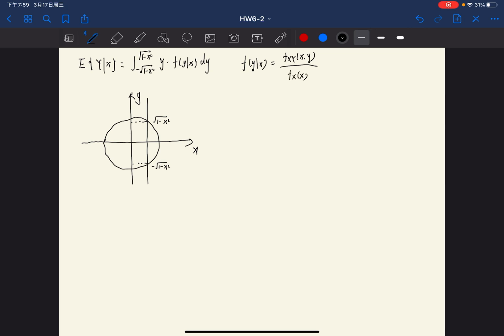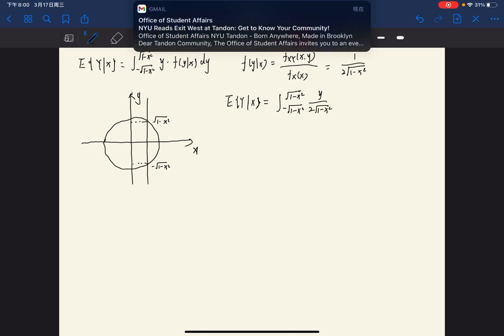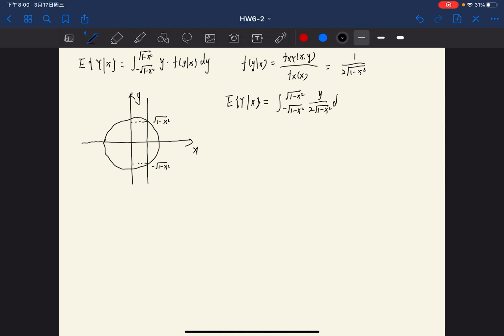And from the conclusion above, we know this part equals 1 divided by 2 multiplied by the square root of 1 minus x to the power of 2. And so the expectation can be written as the integral of y divided by 2 multiplied by the square root of 1 minus x to the power of 2 dy.